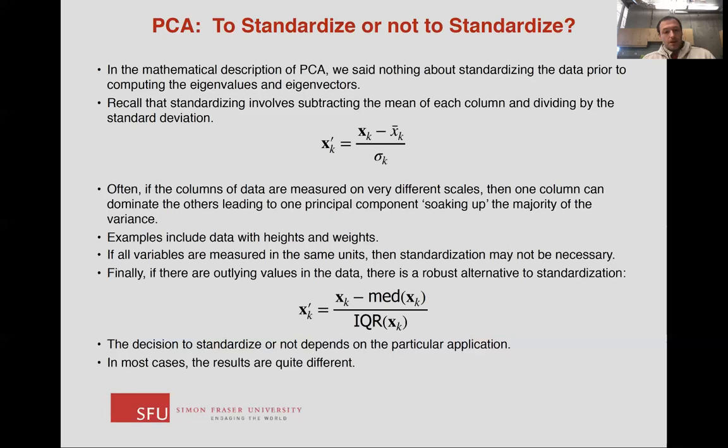Whether or not you standardize will really depend on the particular application. As a data scientist, you need to pay attention to and know your units. In most cases, the results you'll get can be quite different.